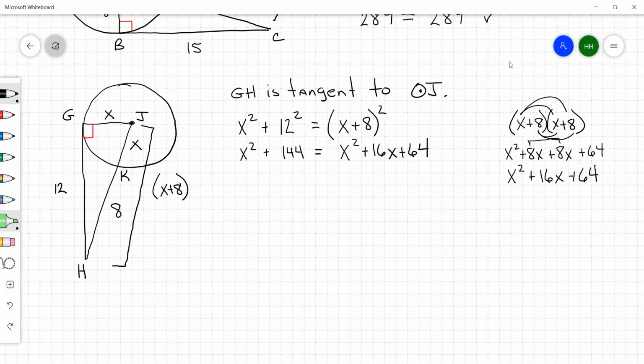And now you can do some moving and shaking to solve for x. If you subtract x squared from each side, then 144 is equal to 16x plus 64. You can subtract 64 from each side.